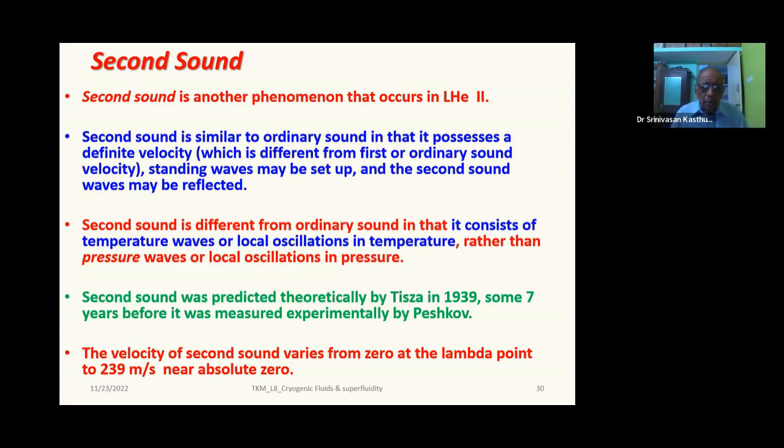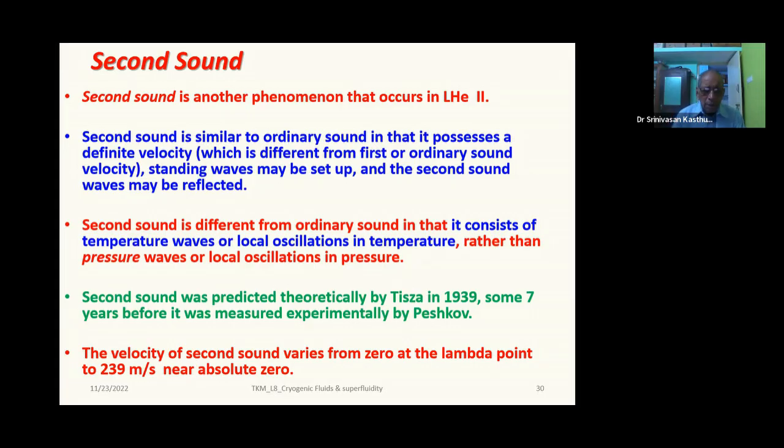See, we know normal sound is pressure waves. Longitudinal pressure waves are transmitted from one end to the other. But on the other hand, second sound in helium refers to temperature waves rather than pressure waves. Second sound was predicted theoretically by Tisza in 1939, about 7 years before it was measured experimentally by Peshkov.